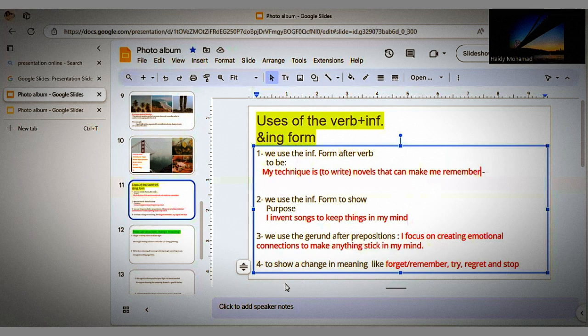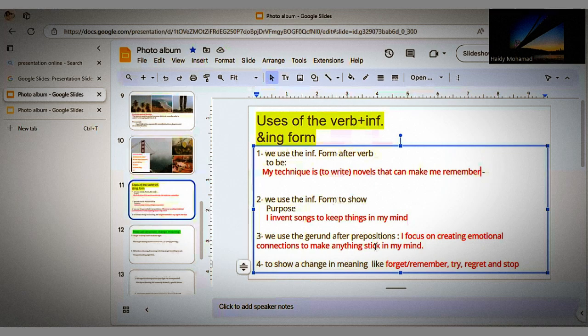The last usage is to show a change in meaning. We have four verbs in English in which the meaning changes if they come in the base form or the gerund form: forget or remember, try, regret, and stop.